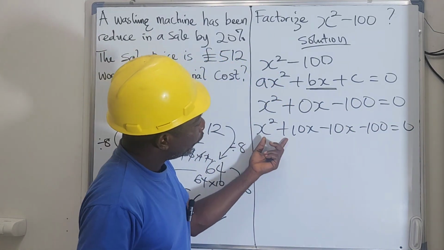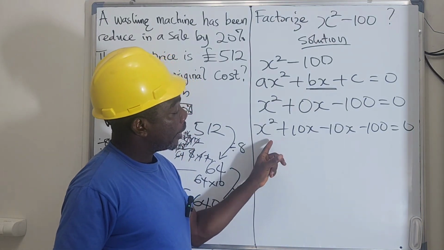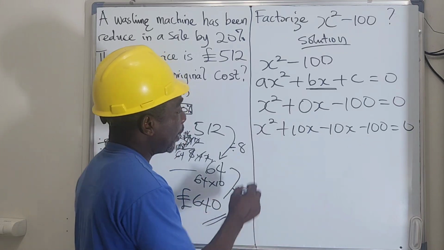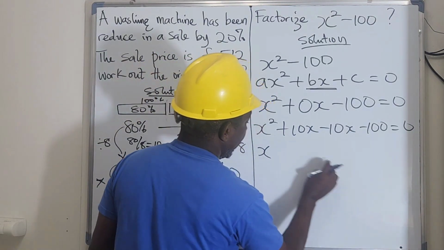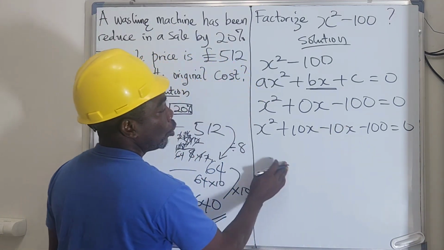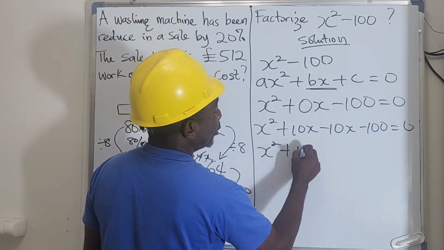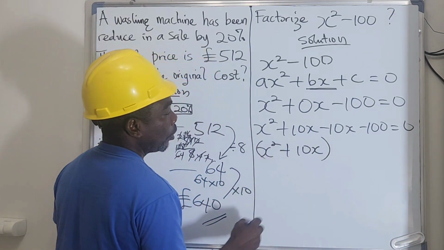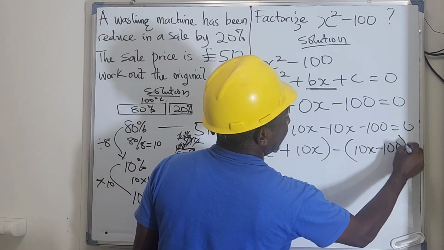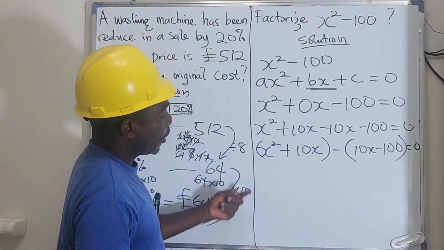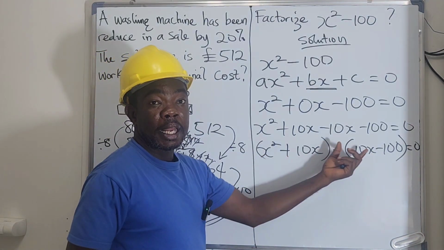To go ahead and factorize, we group it into two groups. This becomes x squared plus 10x, then minus 10x minus 100 equals 0. We look for a factor in the first parenthesis and the second one.